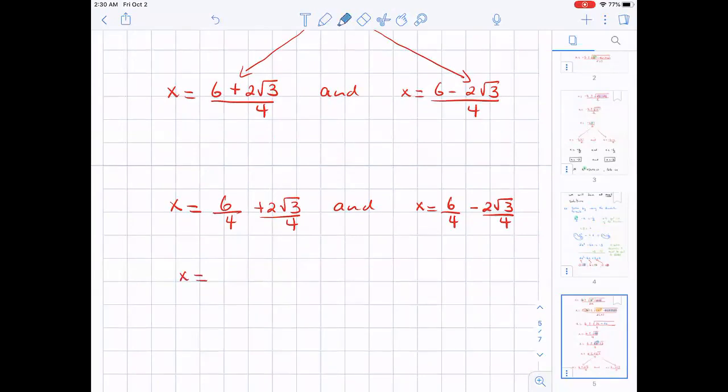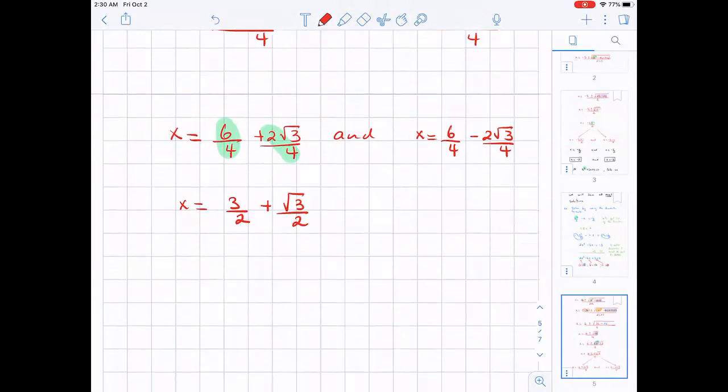Now, 6 over 4, you can divide both top and bottom by 2, so this is 3 halves. And 2 over 4 is the same as 1 half, so this becomes root 3 over 2.